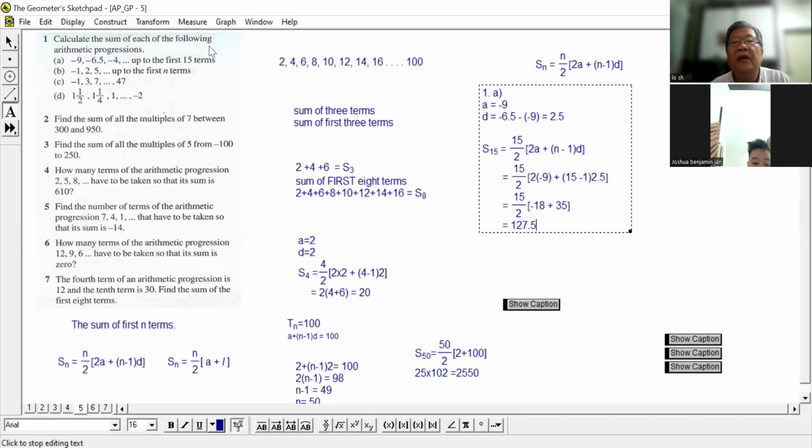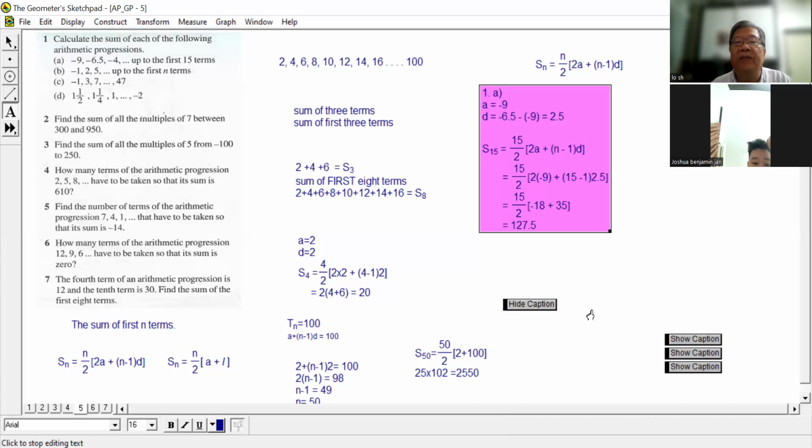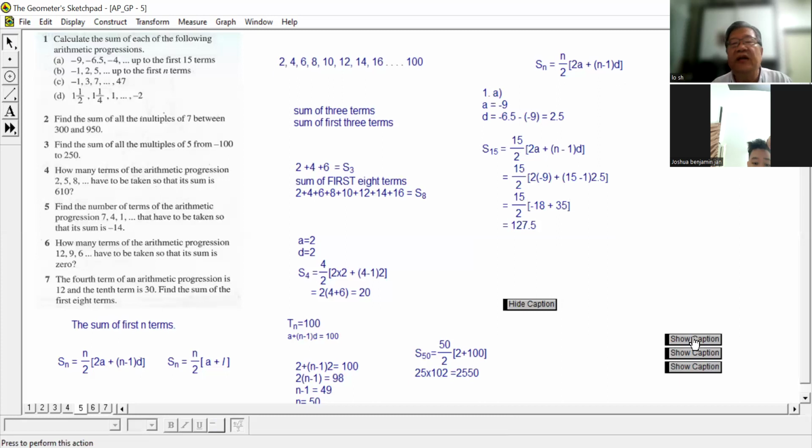Yes, because the common difference is 2.5, it's not a whole number. So the sum may not be a whole number. Sometimes it can be a whole number if this is a whole number. If it's not a whole number, then the sum is not a whole number.